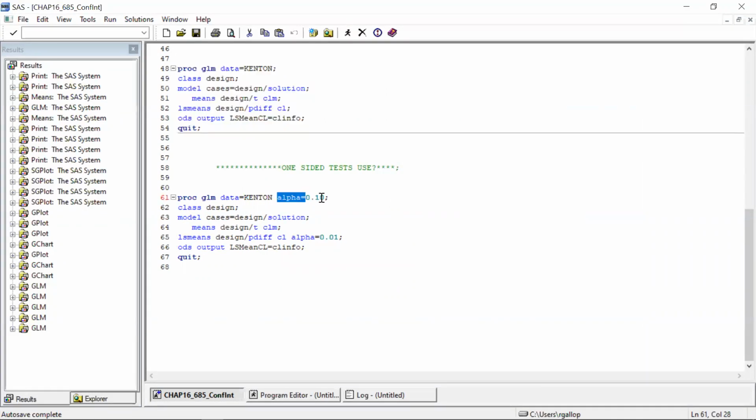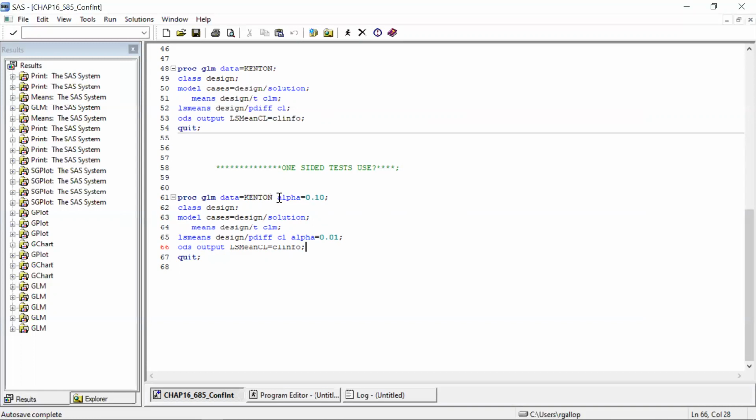If I put alpha equal 0.10 on line 61, this is going to create not 95% confidence intervals every time I ask for CL, it's going to create 90% confidence intervals. Then you see on line 65, I got alpha equal 0.01. The LS mean statement has the capability where you can specify a confidence interval at that level, for the LS means output alone.